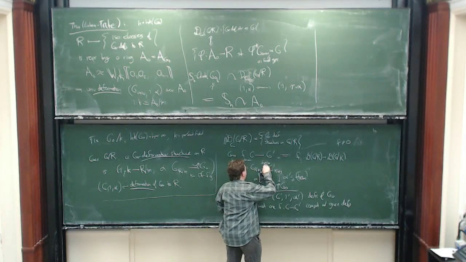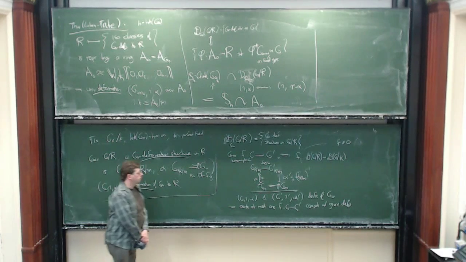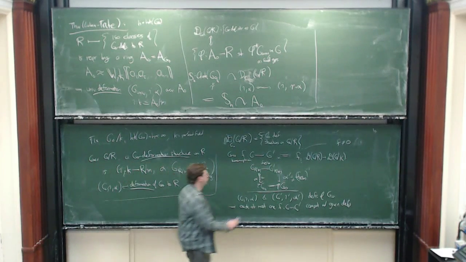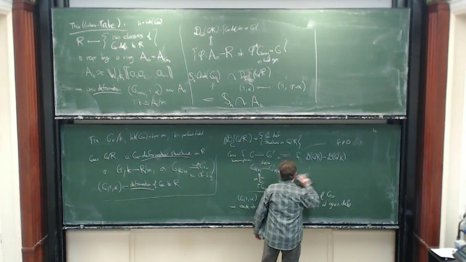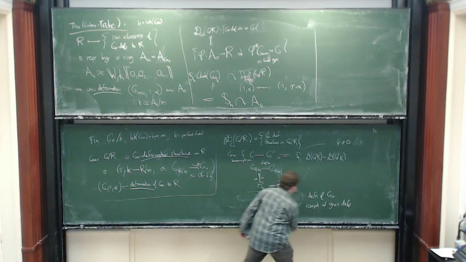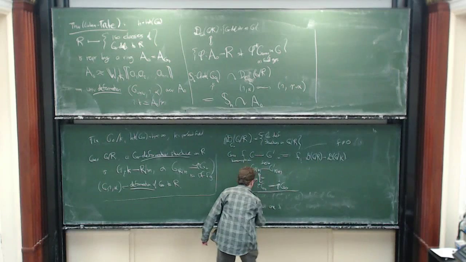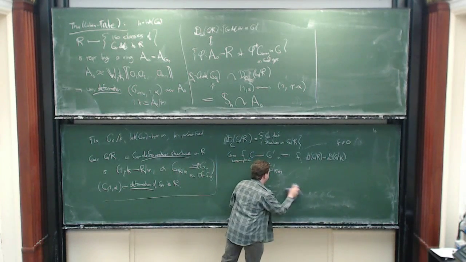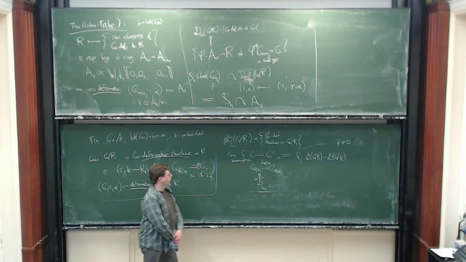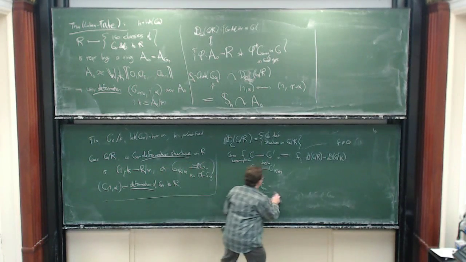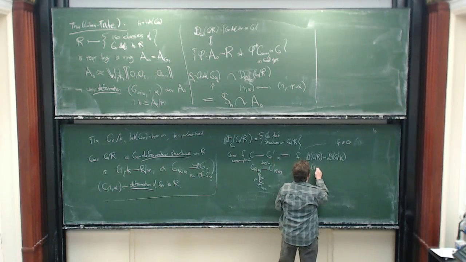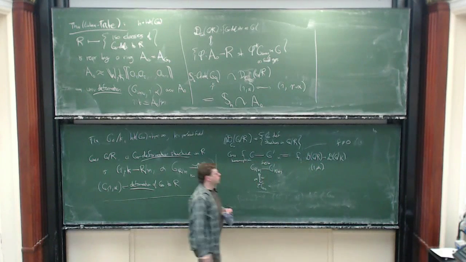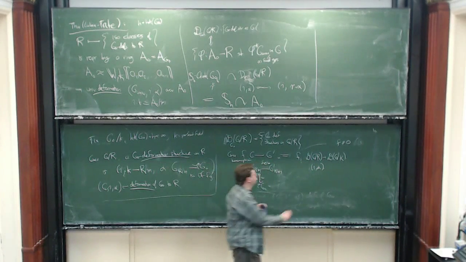So, well, I can do this. Let me erase part of this diagram here. I start with a deformation structure for G, i and alpha, and I'd like to push it over to the other formal group G prime.